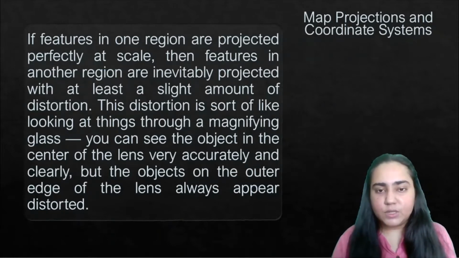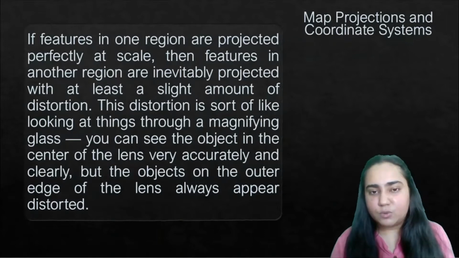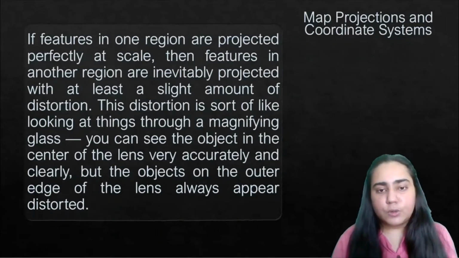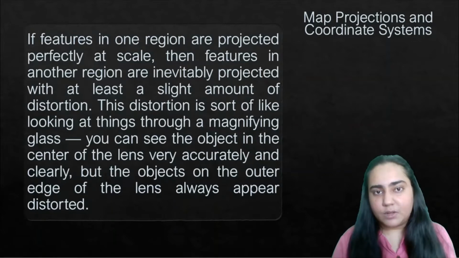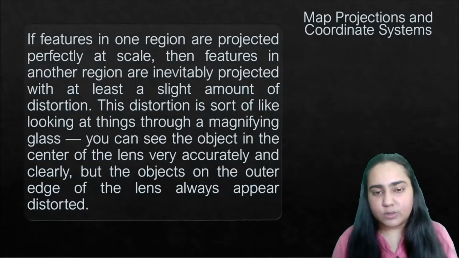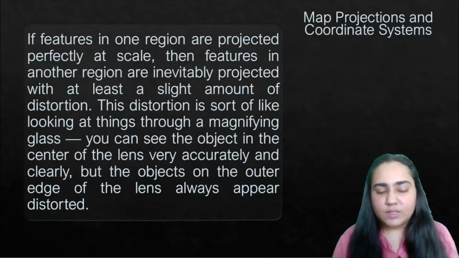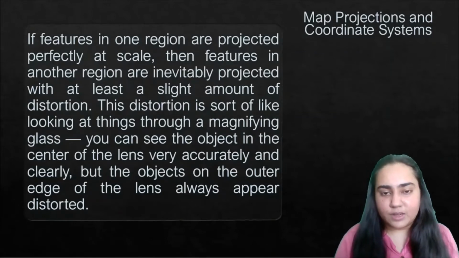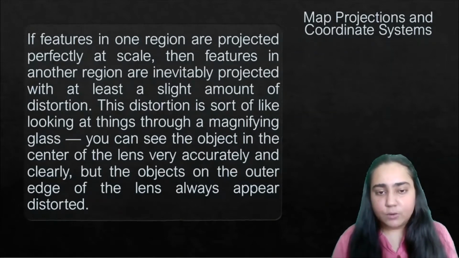This distortion is sort of like looking at things through a magnifying glass. You can see the object in the center of the lens very accurately and clearly, but the objects on the outer edge of the lens always appear distorted, right? If you're trying to look at a bunch of coins using a magnifying glass and you put all the coins very close to each other, then the coin that's in the center of your magnifying glass is going to be magnified really well.